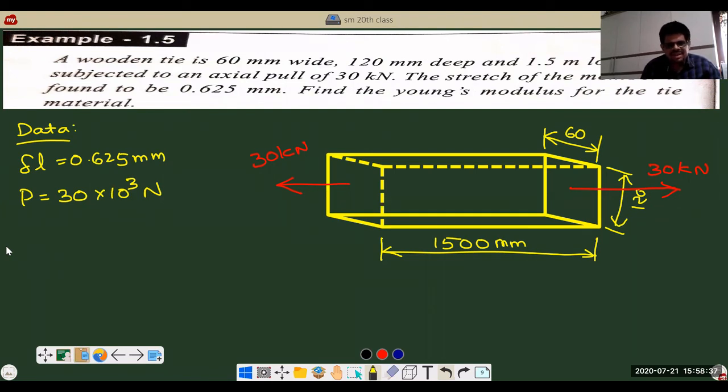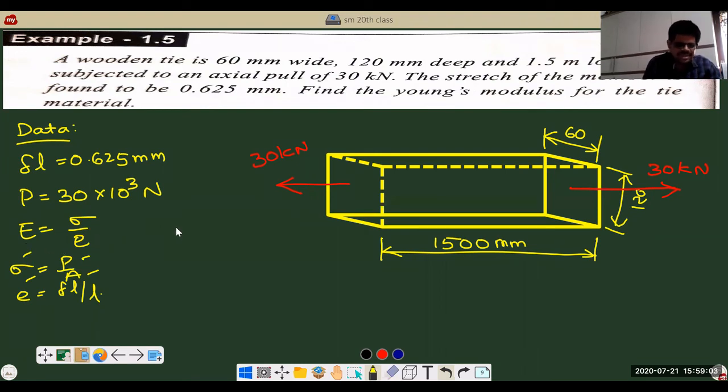So E is equal to stress by strain. Stress is equal to P by A and strain is equal to delta L by L. So P is available, A is available, delta L is available, L is available. So you can get the values of sigma and strain, and then directly determine the value of E.